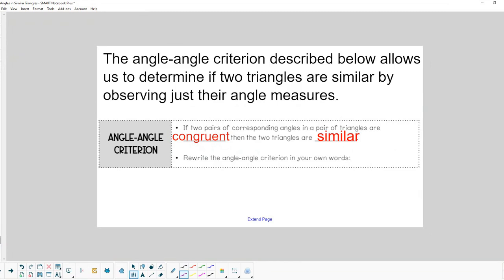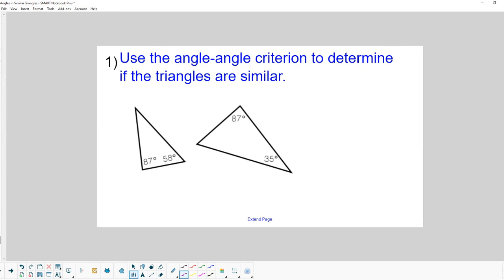So the angle criterion allows us to determine if two triangles are similar by observing just their angle measures. So if their angle measures are the same, then these two triangles are considered similar. Okay, so if I give you a couple of triangles with only 2 measurements, then we have to find the third angle and see if all 3 angles in each one match up.